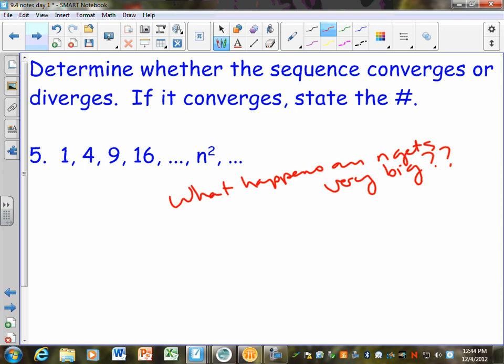Some people are just going to be able to think about what happens. If you want a nice way to check every time, I suggest checking some lovely numbers, like 10. What happens when n is 10 in this problem? I would get 10 squared, which is 100.